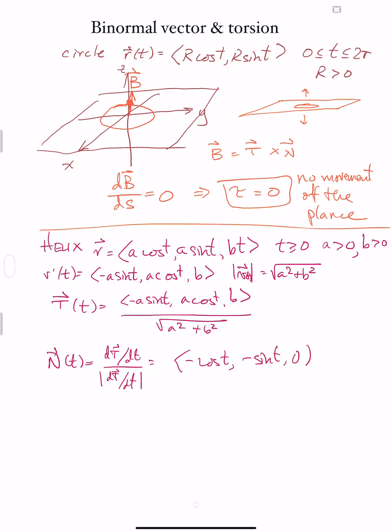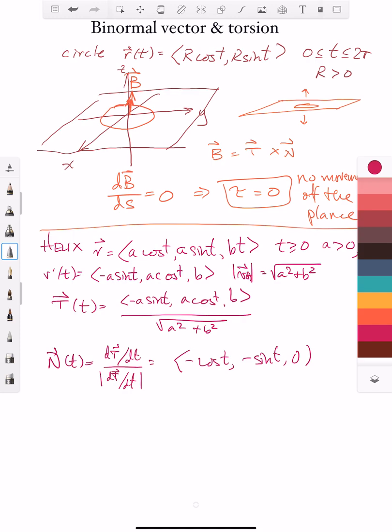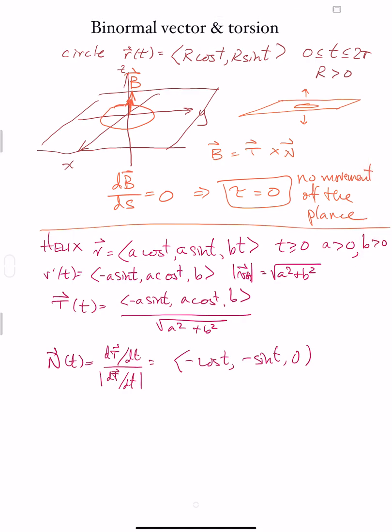Okay, so now we have the two pieces we need to calculate the binormal vector, because now we'll go ahead and say that the binormal vector is the tangent crossed with the normal unit vectors. And I'll just do the quick setup here, 1 over the root for the denominator, and then i, j, and k for the three components.